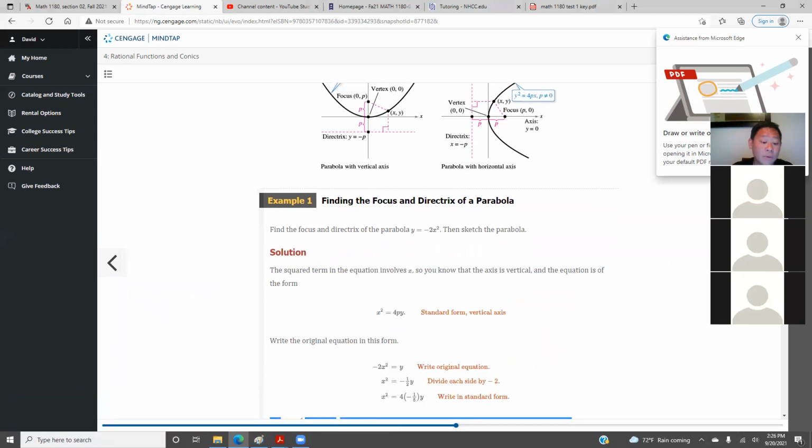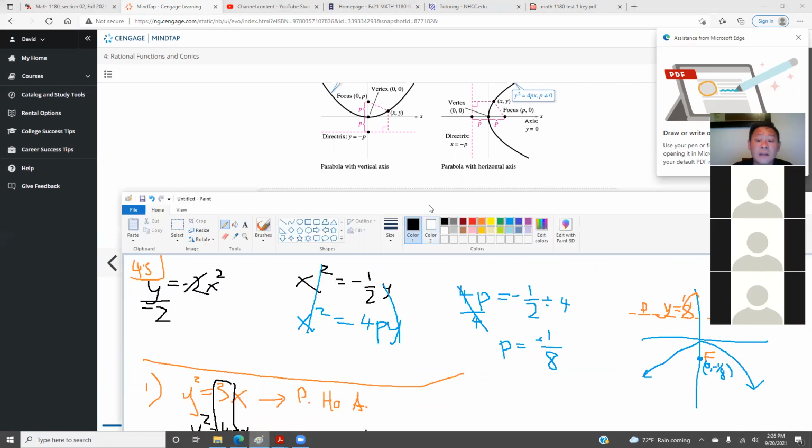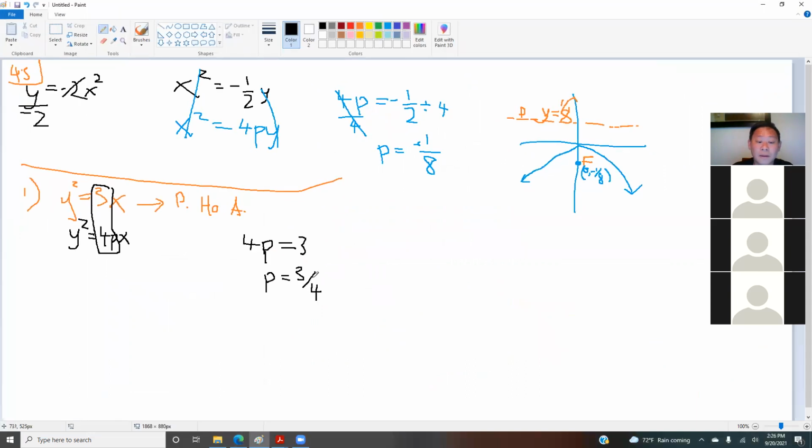It'll be the C way. The reason is that your p is positive. So it's going to open the C way. Again, the vertex is at 0, 0. So for this section, everything has its vertex at 0, 0.